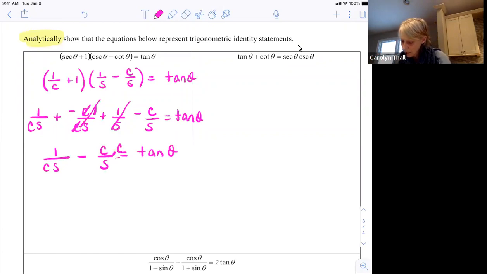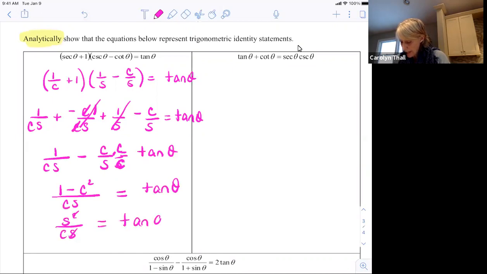Common denominator. So I have 1 minus cosine squared over cosine sine, which is the same as sine cosine. And that's equal to tan. 1 minus cosine squared is sine squared over cosine sine. One of those is going to cancel.